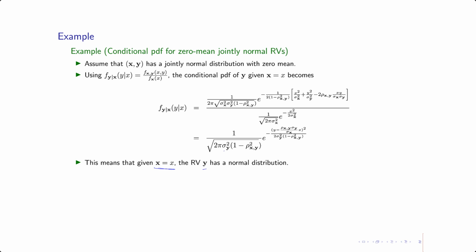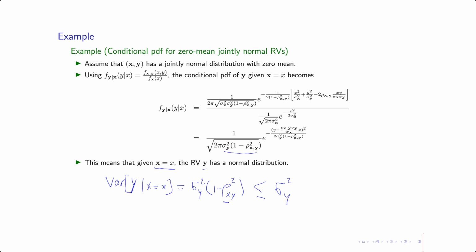Moreover, this is the variance. So the variance of random variable y given x equal x is equal to sigma 2y times 1 minus rho to the power of 2xy, where rho is the correlation coefficient. Obviously this is less than 1, so we see that the variance is smaller than or equal to sigma 2y. The variance is exactly equal to sigma 2y when rho is equal to 0, when they are independent.